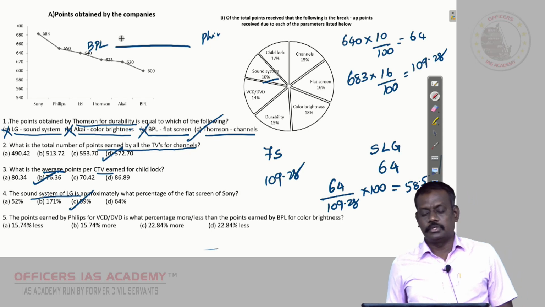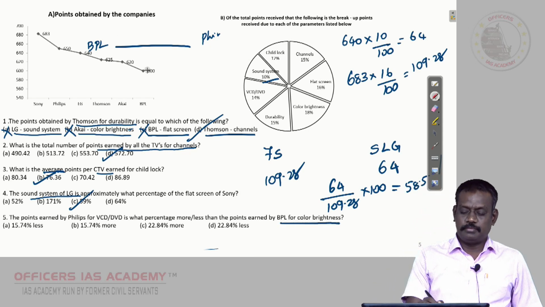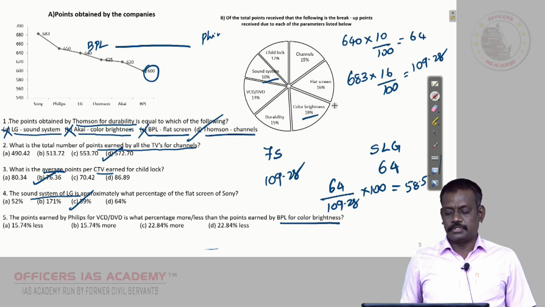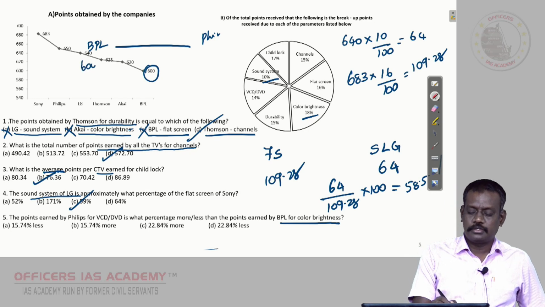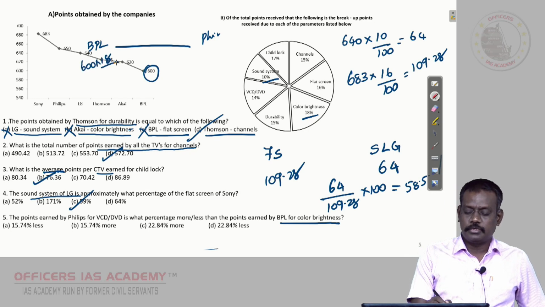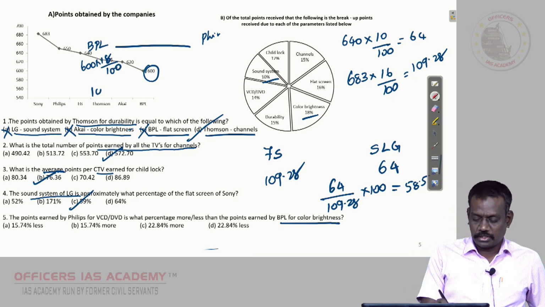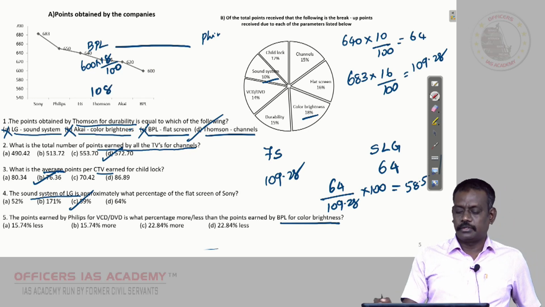You have to find both. First we will find BPL for color brightness. BPL is 600 and color brightness is 18%. So 600 into 18 by 100 will be 108.